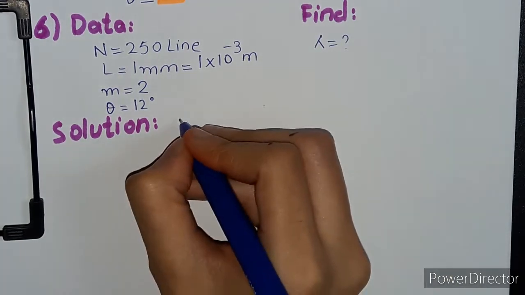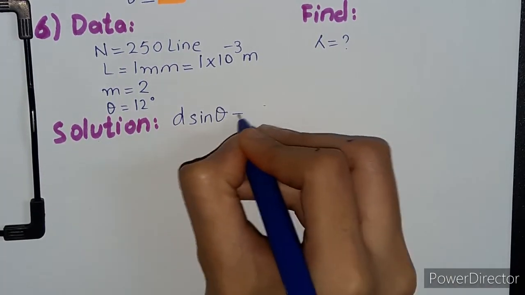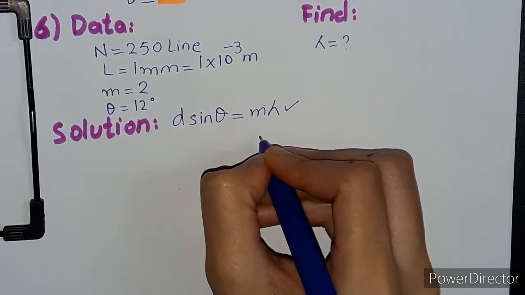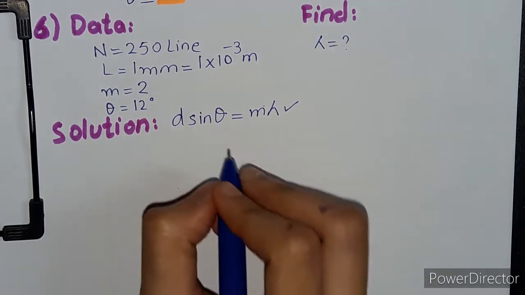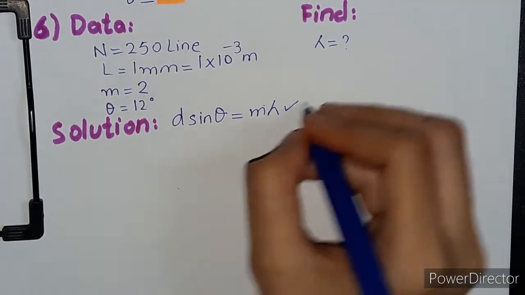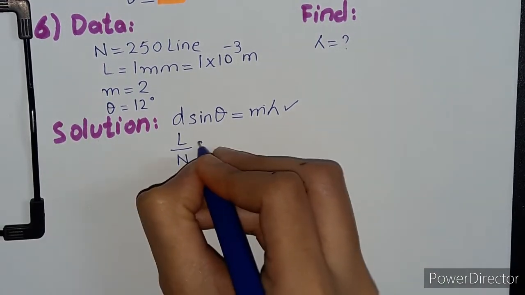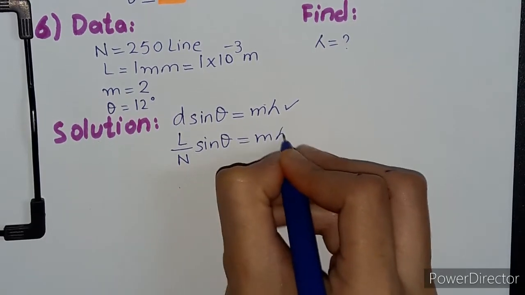Again using that equation, d sin theta is equal to mλ. So we have to find the value of lambda. Rearranging it, we do not have the value of d, so it will be L over n sin theta is equal to mλ.